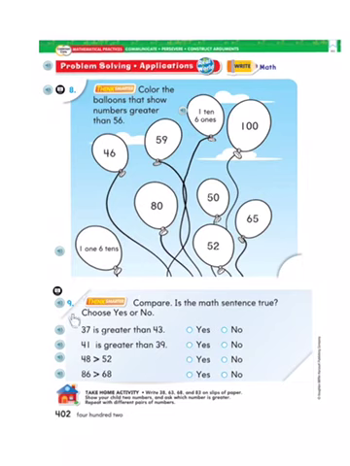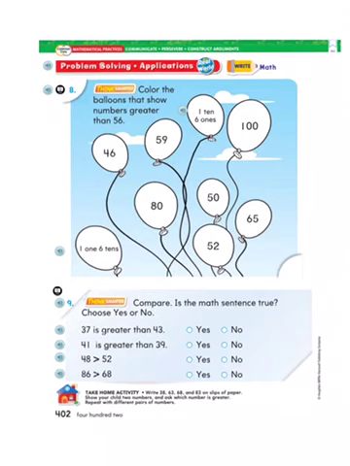Then when you get down here to number 9, it says compare. Is the math sentence true? Choose yes or no. So this first one says 37 is greater than 43. So you have to think, 37, I could do that in 10 sticks and 1s compared to 43.